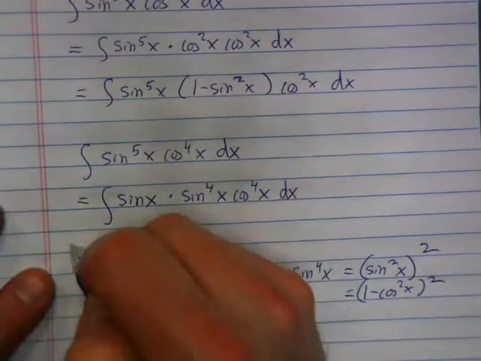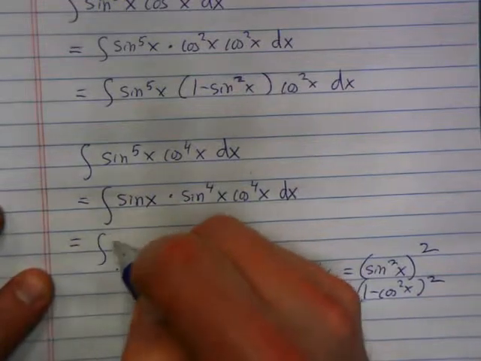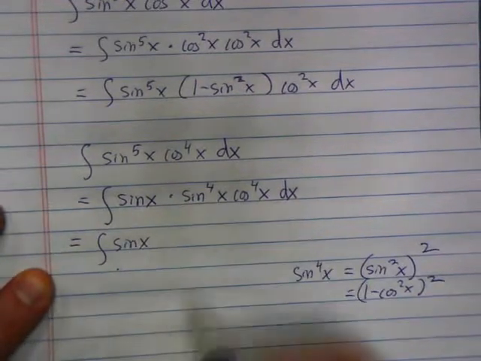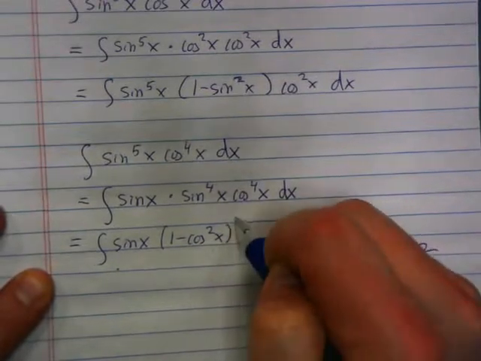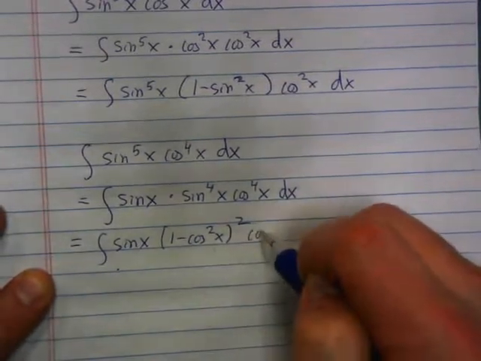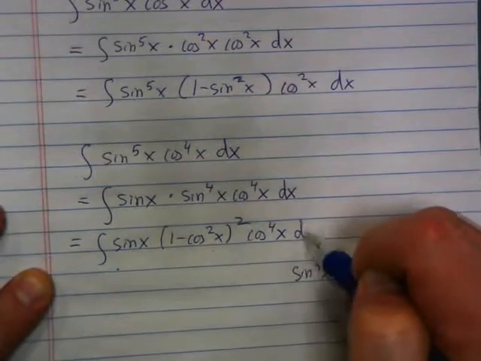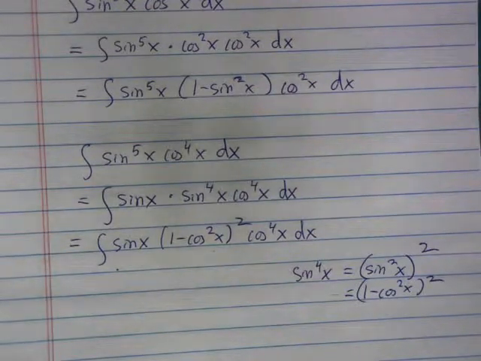So you're going to come back to your integral now and make that substitution. This is integral sine x, 1 minus cosine squared x squared, cosine to the fourth x dx. So now you have it in a form that'll work.